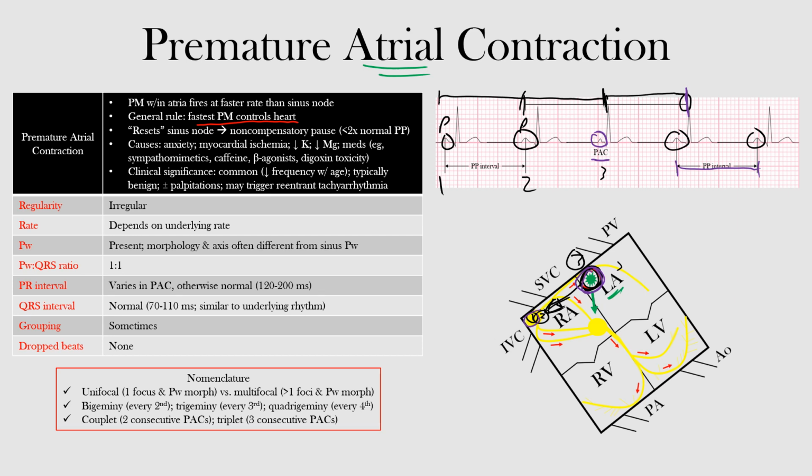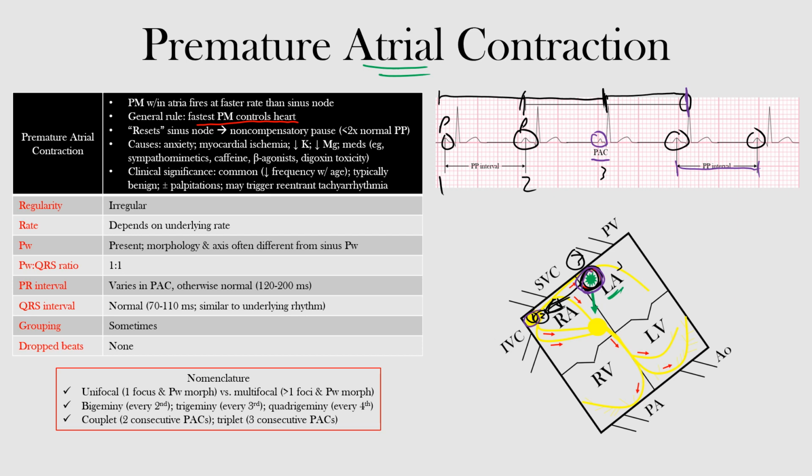Because of that, it won't have the normal sinus P wave morphology. Now, the PR interval may be slightly prolonged compared to sinus beats, which is likely because conduction is not occurring through the specialized atrial conduction tracts, or the PR interval may be normal or even short. It really depends on the origin of the premature atrial contraction. Remember, AV nodal conduction makes up the majority of the PR interval.